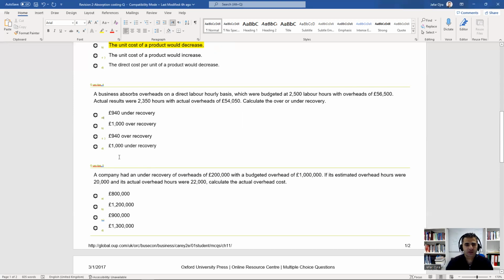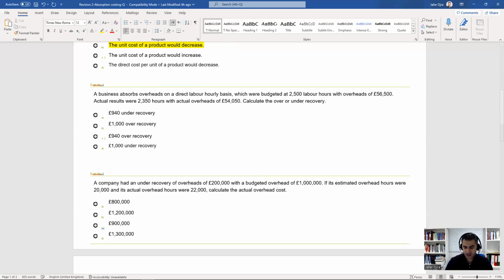Let's work it out the same way we did the others. 56,500, if you divide it by the number of budgeted hours, which is 2,500, that makes 22.6.